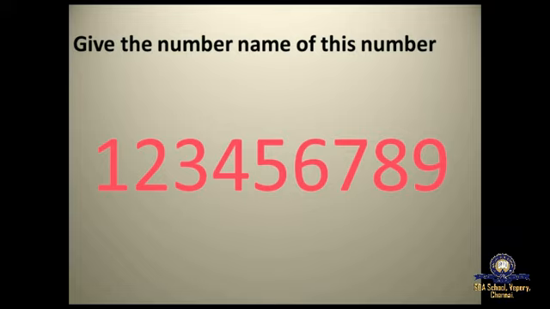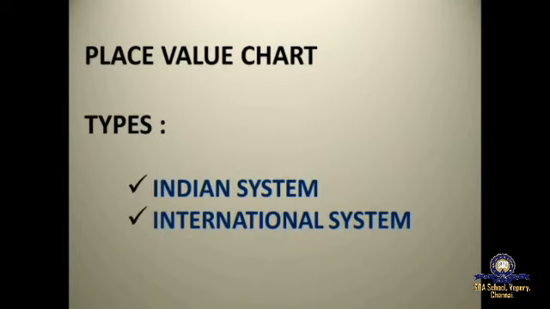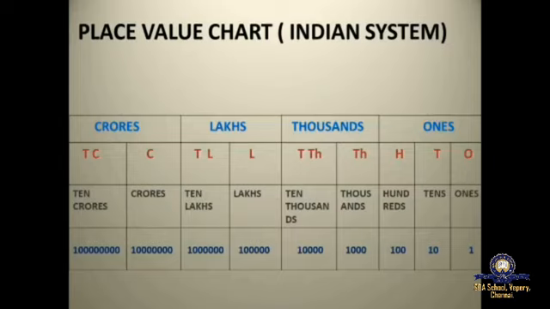So in today's class, we'll be learning about the usage of commas in number system and place value chart in international system. In last class, we learned about the place value chart types. So what are the two types of place value chart? Yes, it's Indian system and international system. Next, we moved on into the Indian system place value chart.